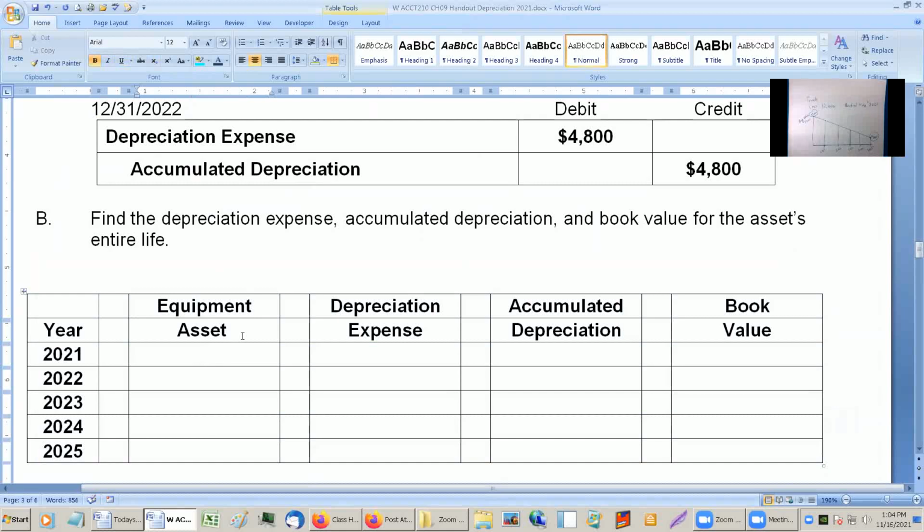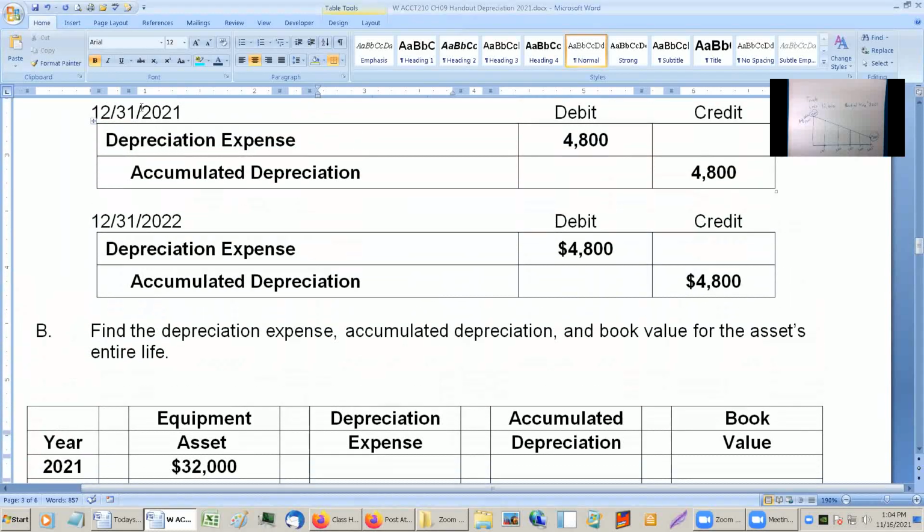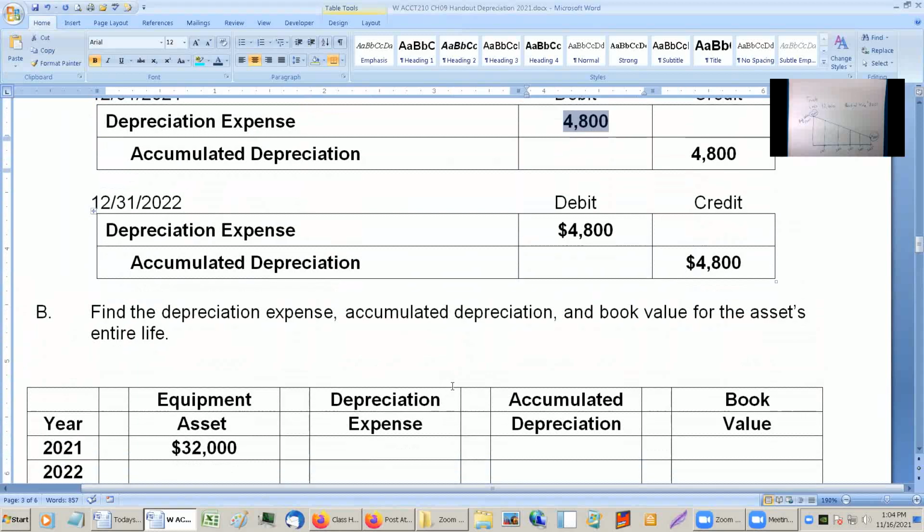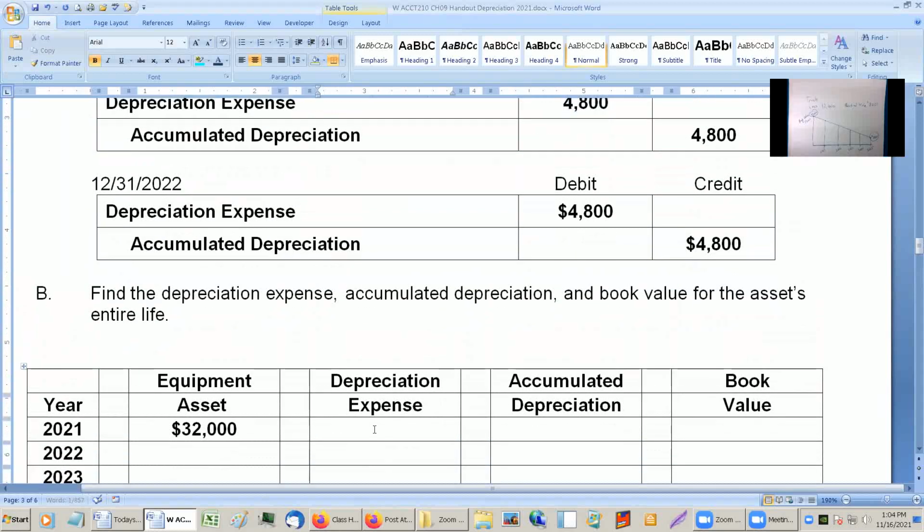Okay, so it has 32,000. The depreciation expense in the first year would be 4,800. Now the accumulated depreciation is all the depreciation to date.